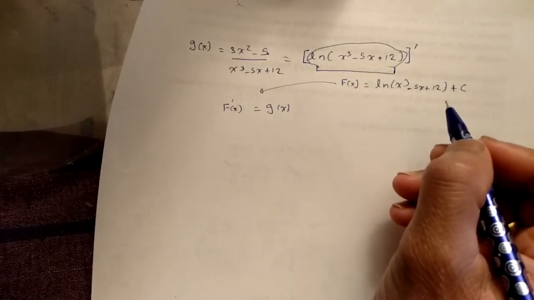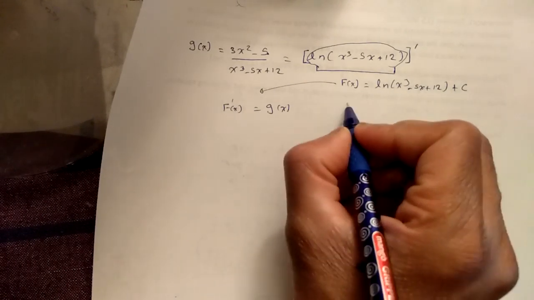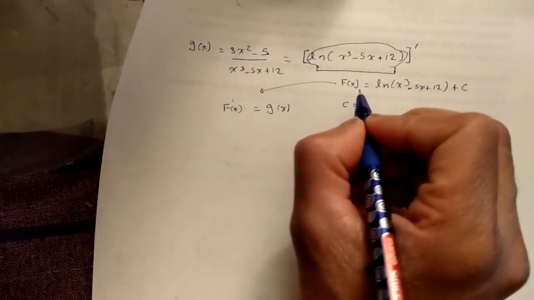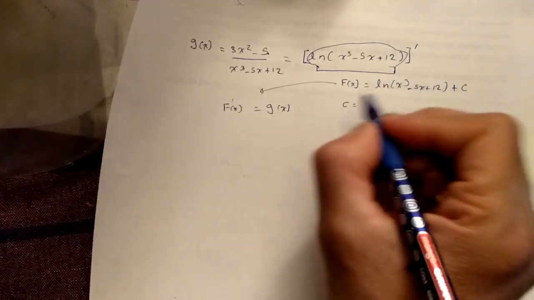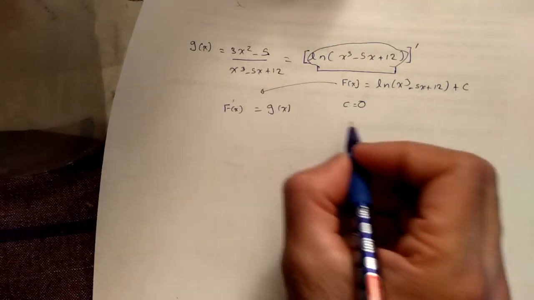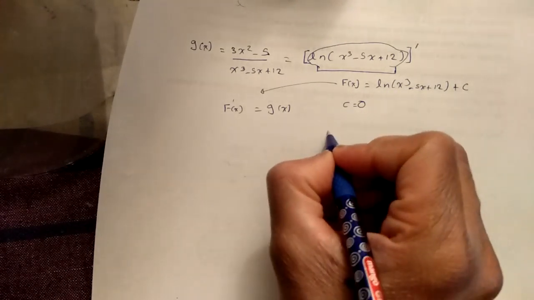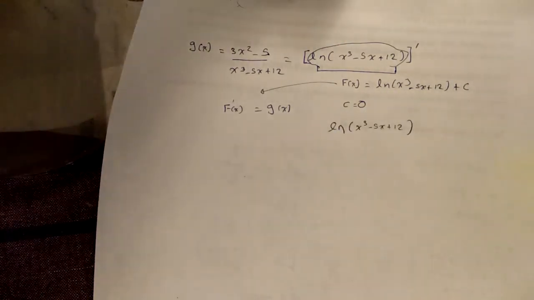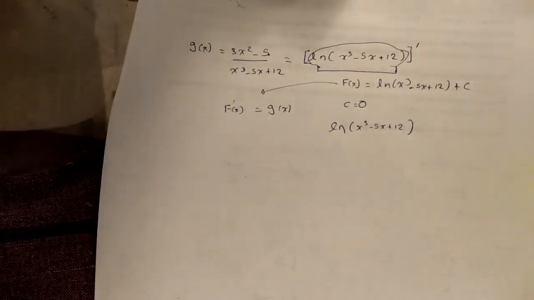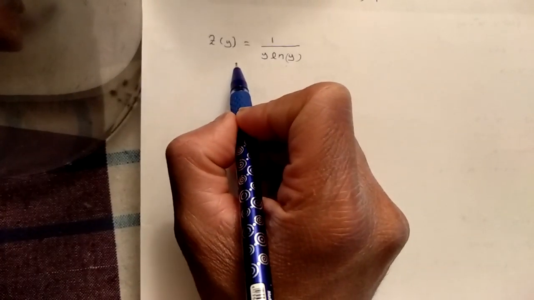But if you are supposed to find a particular antiderivative, you can just substitute a particular value instead of c. For the sake of convenience, I am substituting 0. So you will get a particular antiderivative as ln of x cubed minus 5x plus 12.